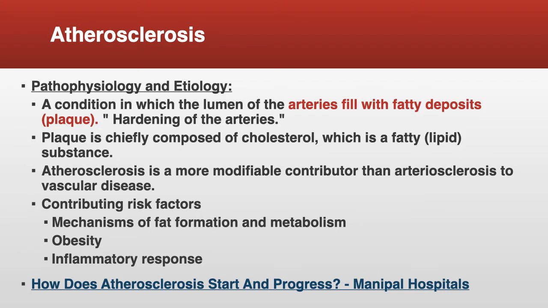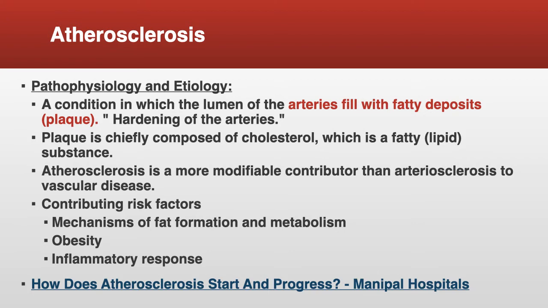So arteriosclerosis is a complex condition that produces structural changes to the arteries, usually associated with the loss of elasticity. Atherosclerosis is a specific type and most common cause of arteriosclerosis. Now, both disorders affect the ability of the vessels to deliver blood and are considered occlusive disorders, but the causes are different.